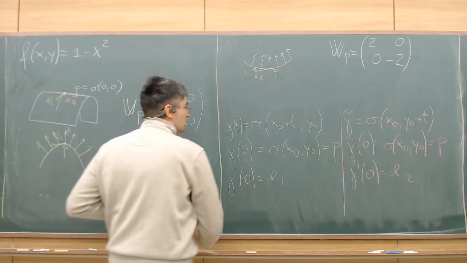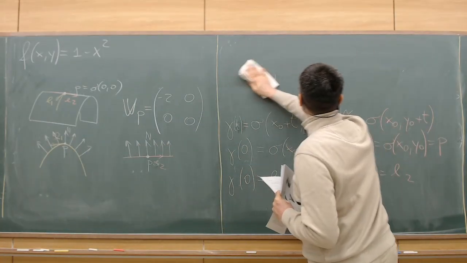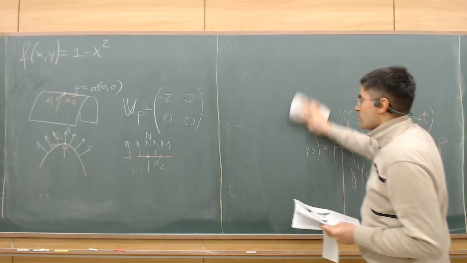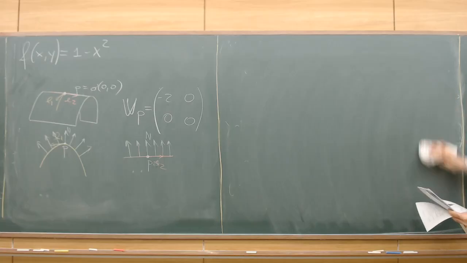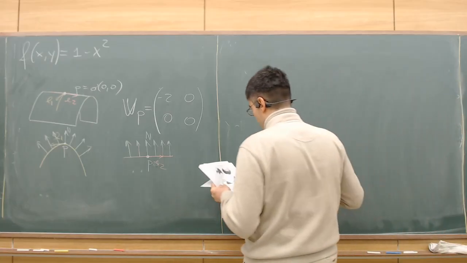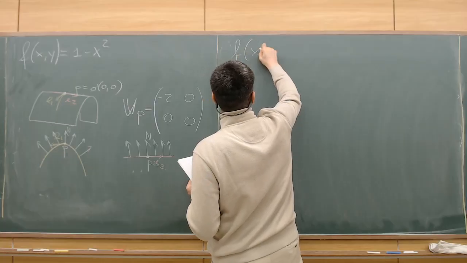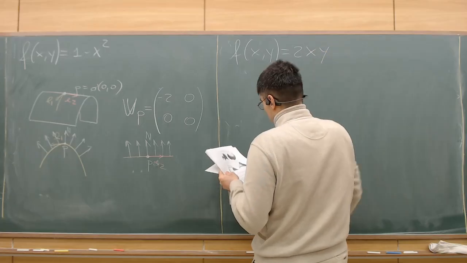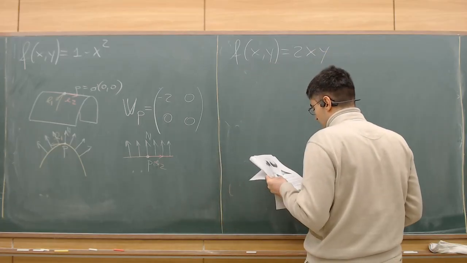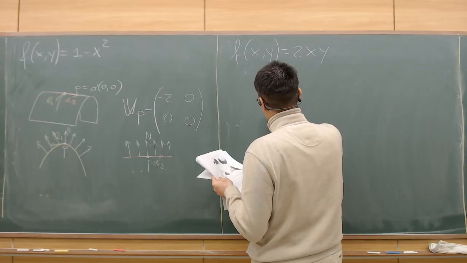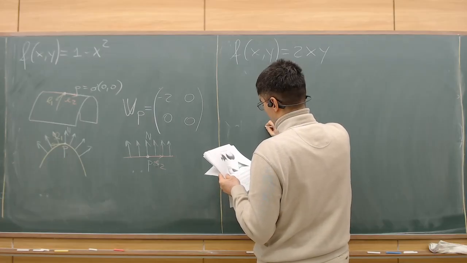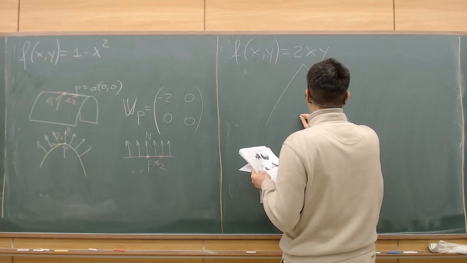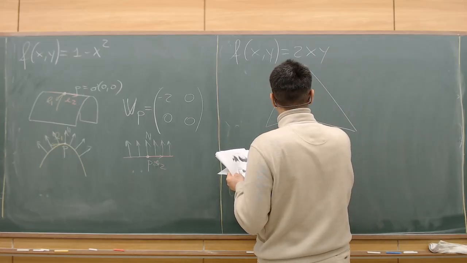And another example which is a bit more complicated is the one of the function f(x,y) equal 2xy, whose graph is this, approximately.